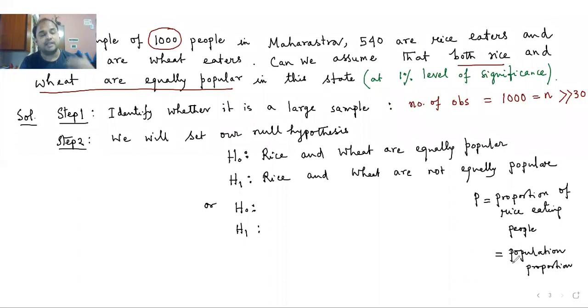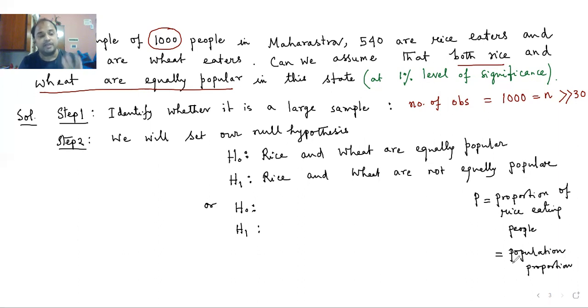So whenever we say the die is unbiased, it means that as many times as you throw the die, and you keep on throwing the die, the probability of getting 3 or 4 is 1/3. Here also, when I am considering the proportion of rice eating people, it is said that the proportion of rice eating people and the proportion of wheat eating people are similar, same, equal.